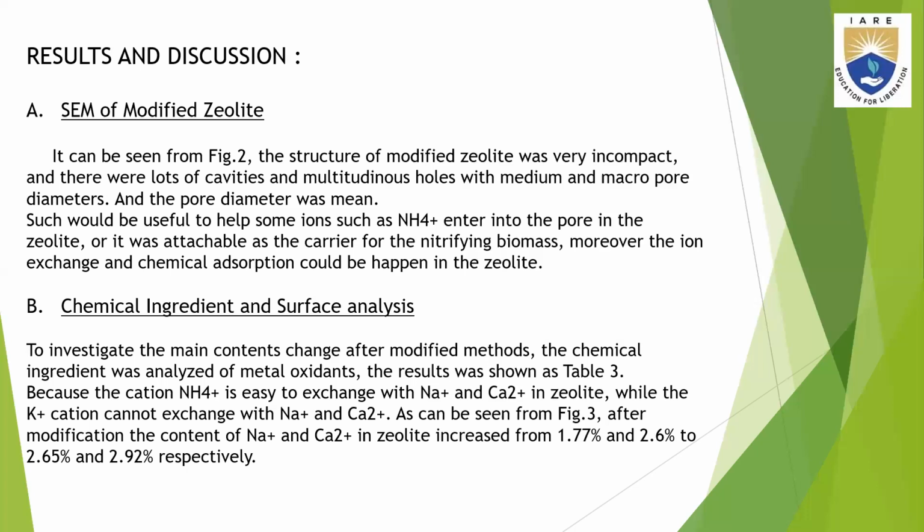To investigate the main content change after modification methods, the chemical ingredient was analyzed for metal oxides. The results were shown as table 3, because the cation NH4+ is easy to exchange with Na+ and Ca2+ in zeolite, while the K+ cation cannot exchange with Na+ and Ca2+, as can be seen from figure 3.